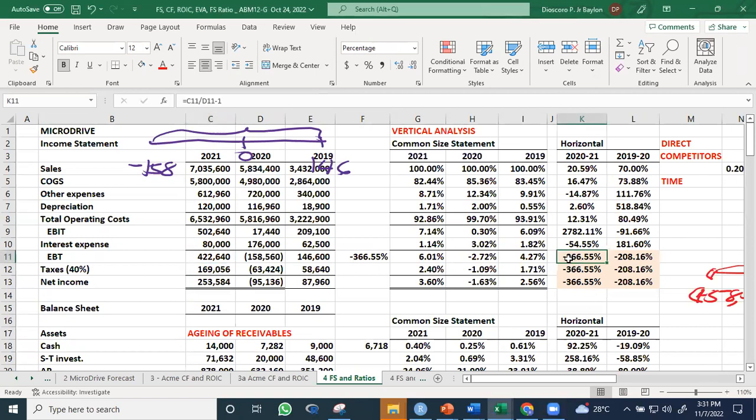So ito may adjustment tayo. Okay, if you're coming from a positive to a negative, no need to adjust. Kasi ang lalabas ang negative talaga. But if you're coming from a negative to a positive, you need to adjust this. So we need to make this positive kasi it was an increase from negative 158 naging positive 422. Right? Nag-increase siya ng 500 plus units.